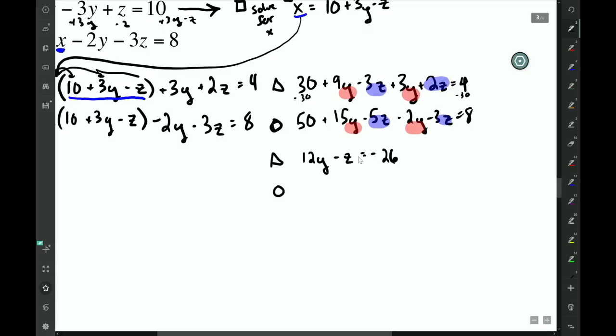Okay, circle, all new and improved, will be 13y minus 8z equals, and if I subtract 50, I'll have negative 42.